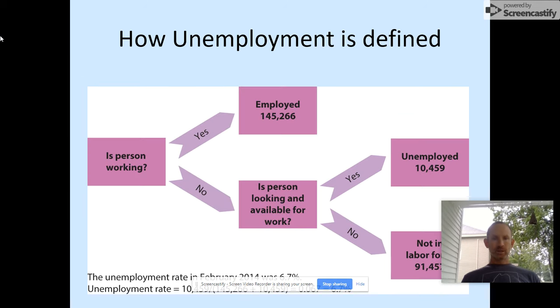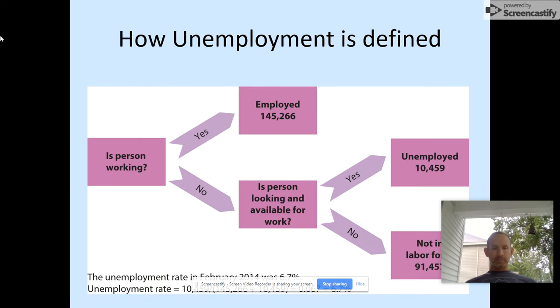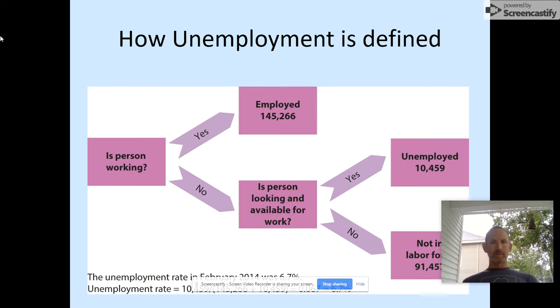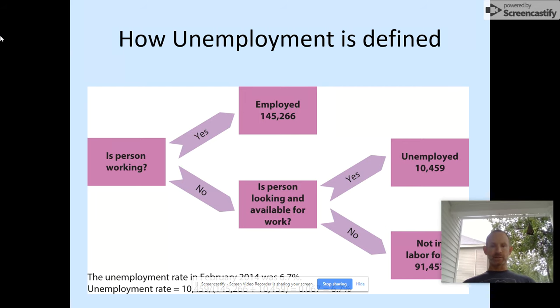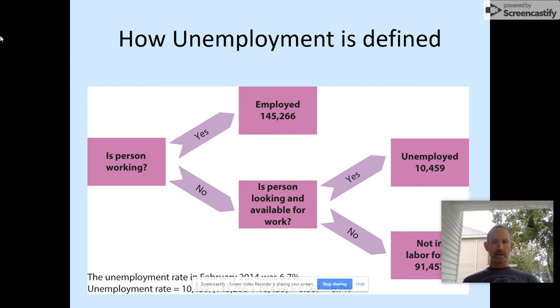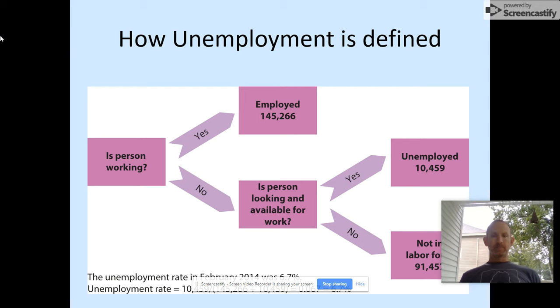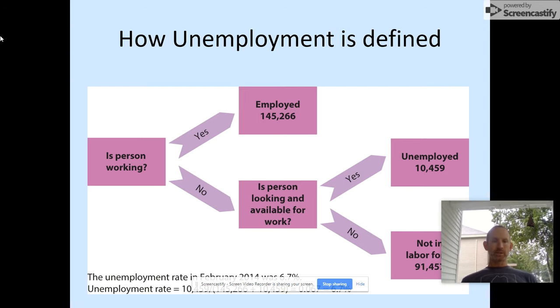Checking on the time. Okay, I'm not going to spend too much time on this, but how unemployment is defined is discussed in the book. I think you can probably read that and make sense of it on your own. But basically, understand that the unemployment rate looks at only people who are looking and available for work.